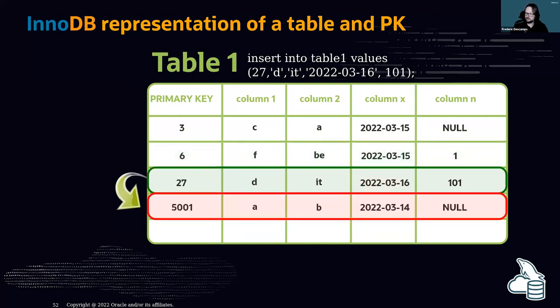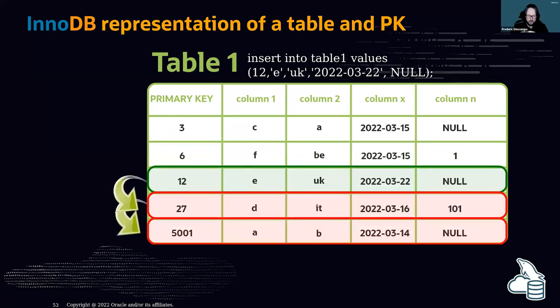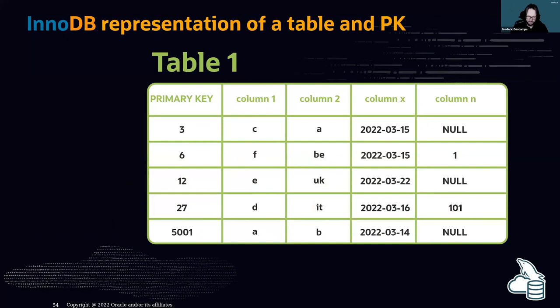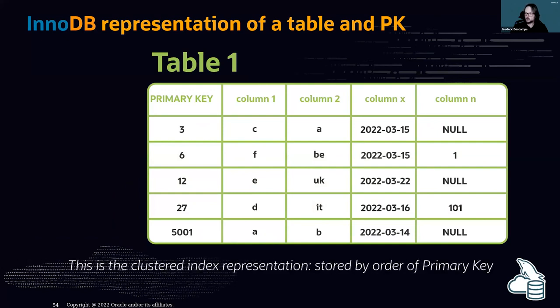Same for 27. Now we will add 12. What happens? We need to move 2 rows to be able to insert 12 here, right? So you can see this as a consequence, and we're going to see that in the next slides again, right? So this is the clustered index representation sorted by order of the primary key.